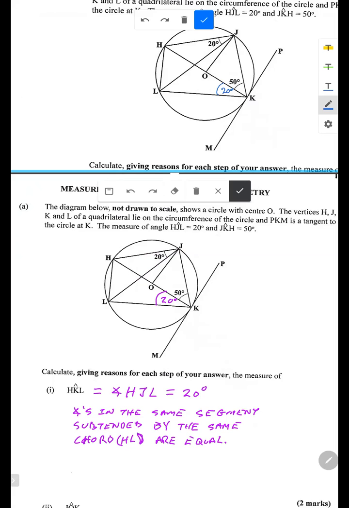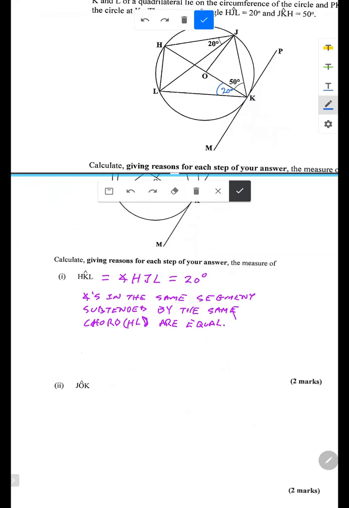All right, so next part wants us to find angle JOK. It's the angle at the center. Now, this is an isosceles triangle. Why? Because this line and this line are radii. Because those two radii are equal, this angle over here is also 50.